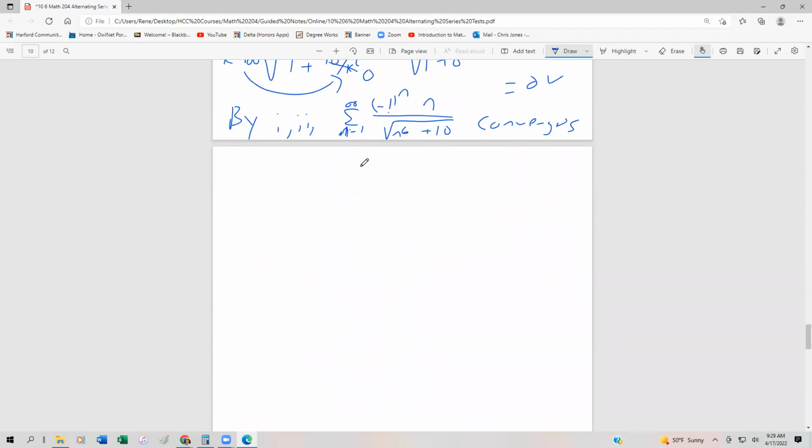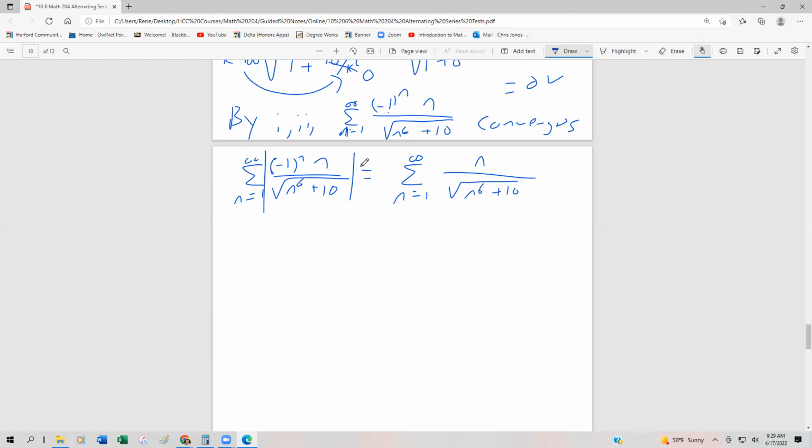So this would be n equals 1 to infinity of -1 to the n times n over the square root of n to the 6 plus 10, and I'm going to take the absolute value of that. That just turns into the series n equals 1 to infinity of n over the square root of n to the 6 plus 10.